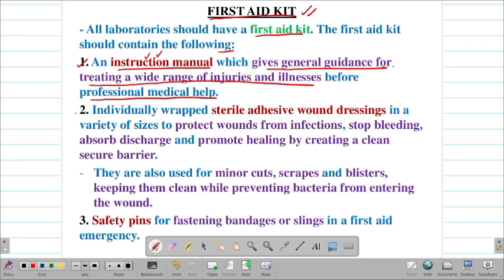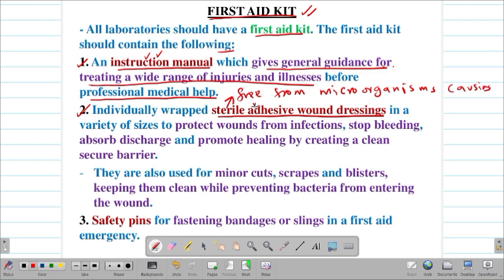Now, the second component that an ideal first aid kit must have is what we call individually wrapped sterile adhesive wound dressing. Now, remember the word sterile simply means a material that is free from microorganisms causing infections.